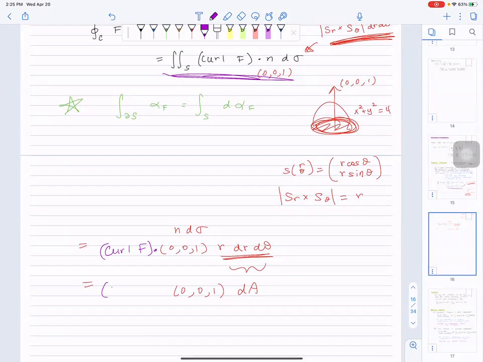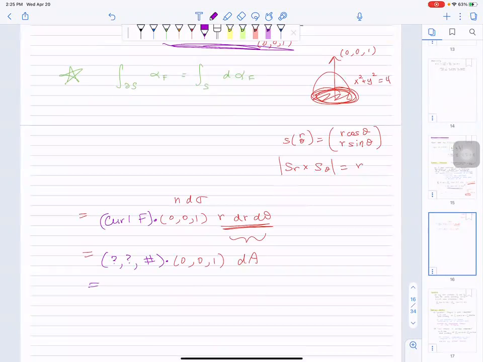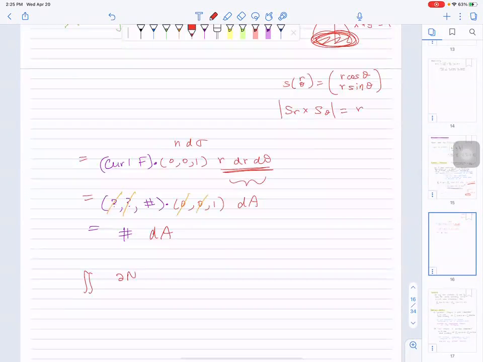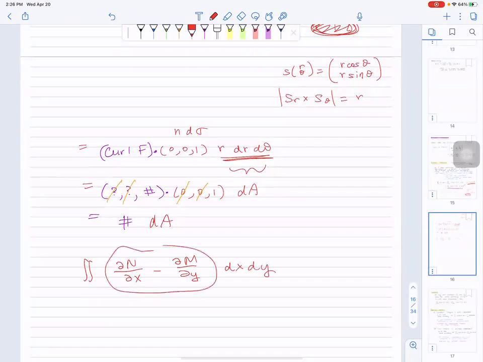So you would have something here for the curl, something here, and some number here. When you do that dot product, these cancel out because you have something times 0 plus something times 0, plus this number times 1 dA. So that's why in the definition for Green's theorem you have the derivative of N in x minus M in y, something like that. I forget the definition, but that's the k component of the curl, dA. That's why Stokes' theorem in 2D gives you Green's theorem.